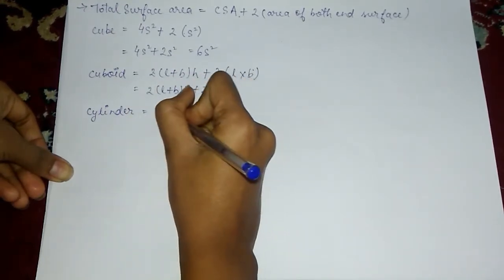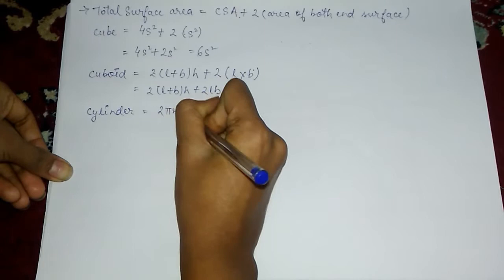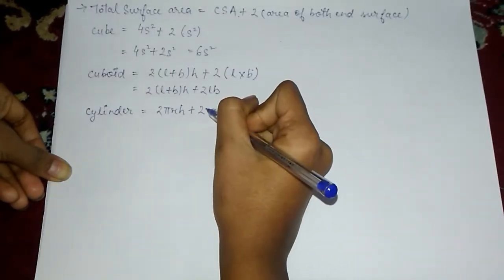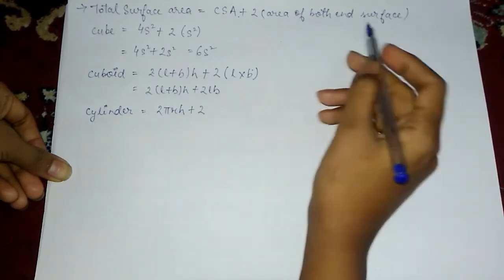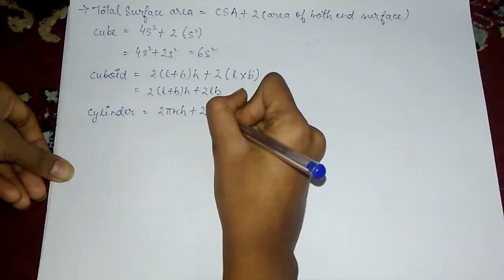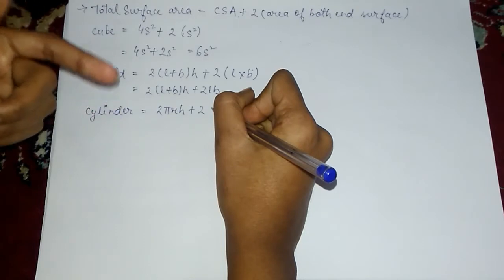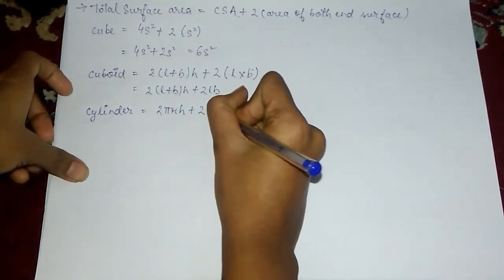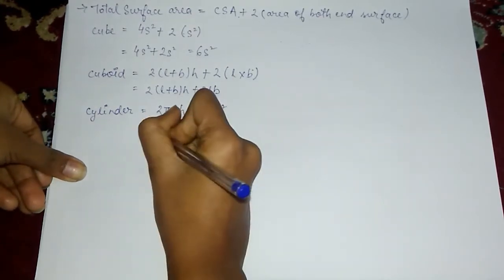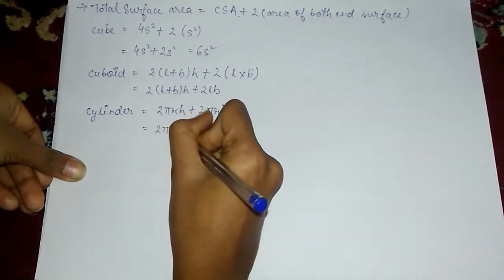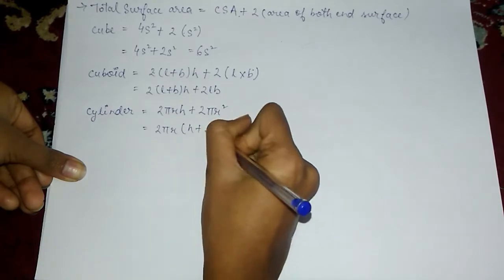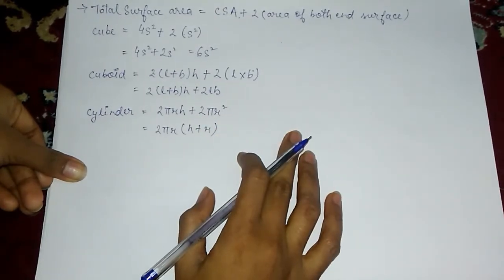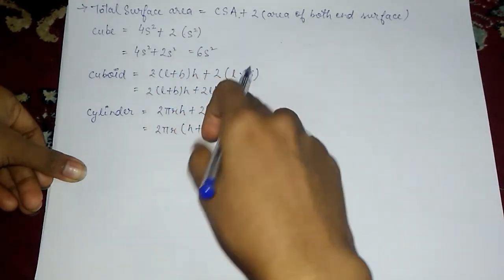Curved surface area of cylinder was 2 pi r h plus 2 into area of circle, because the top and bottom surface of a cylinder is circle, so 2 pi r square. If we take 2 pi r common, this is the formula. Okay, so I hope you got it.